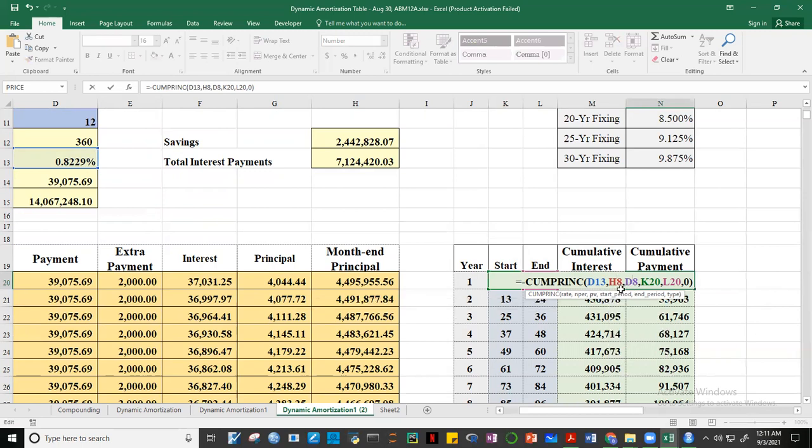Then D8, our present value. Then the start period and end period are the same too. And there's also a 0 for ordinary annuity. Okay? So that's ours. If we add up all the cumulative payment for the first year, the total is 5721.